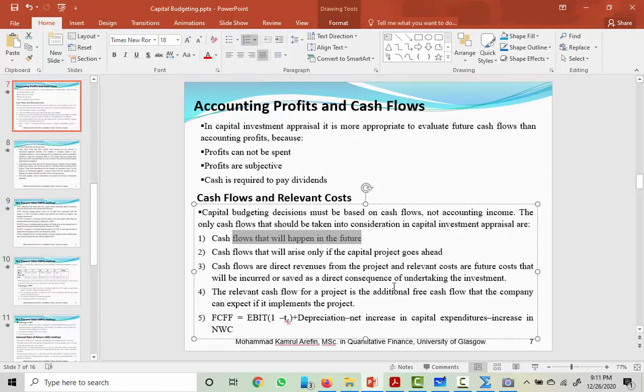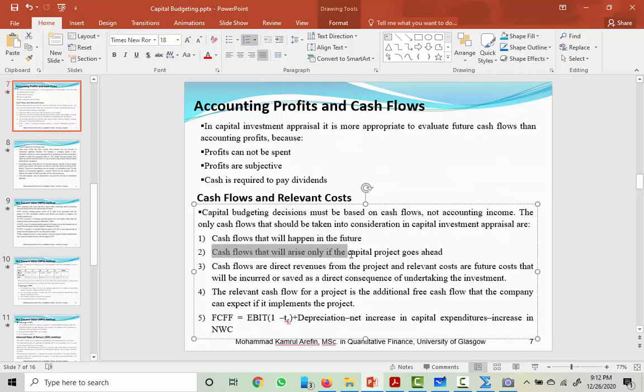If you accept the project or invest in it, only the cash flows you will get in the future should be considered in project evaluation.